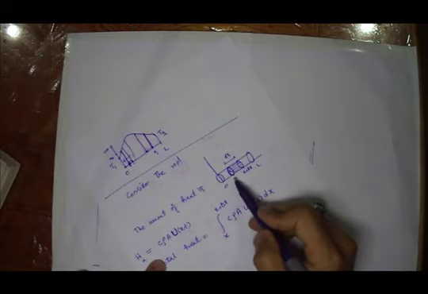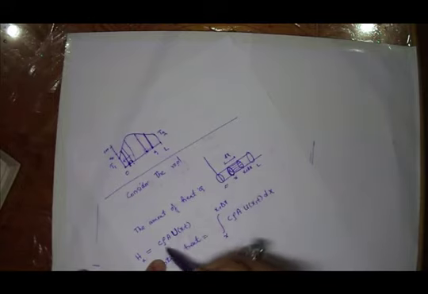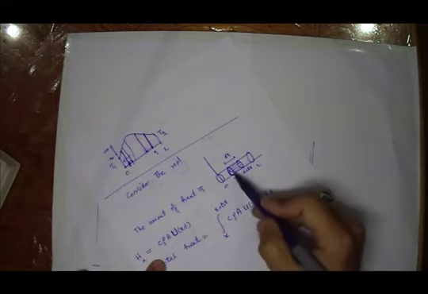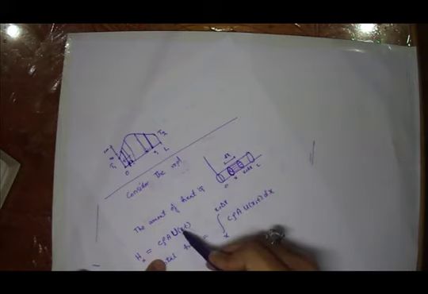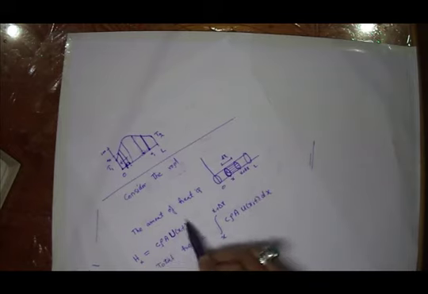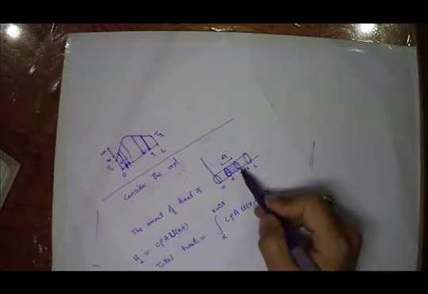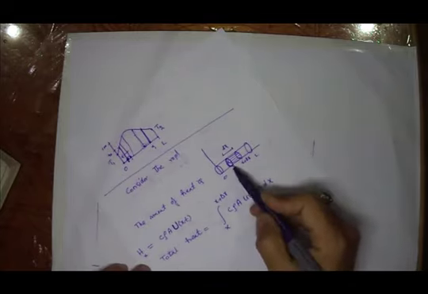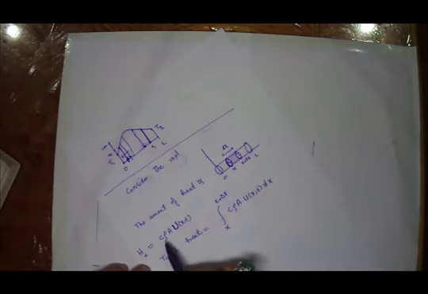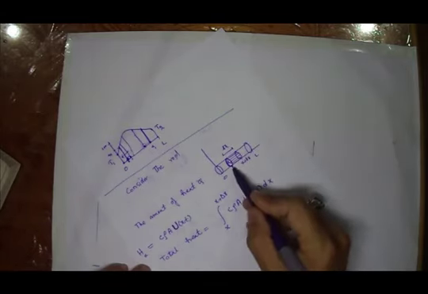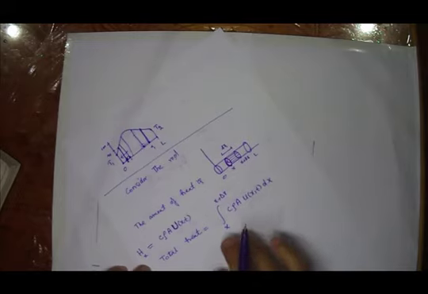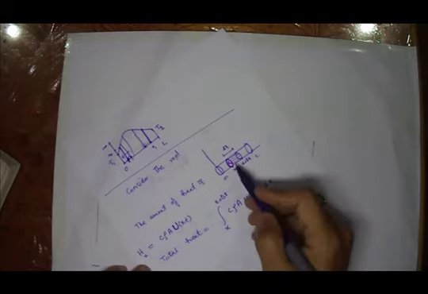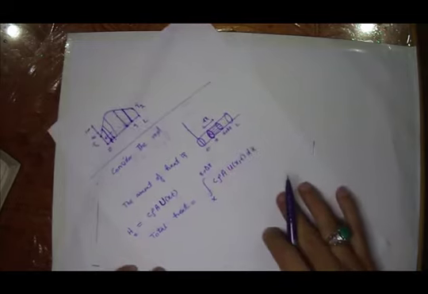So if we change the value of x, we will gain the heat at other points. If we substitute here x plus delta x, then this quantity is the total amount of heat at this point. So in order to calculate the total heat of this small portion, we will integrate this quantity from x to x plus delta x. So this is the total heat in this small portion.